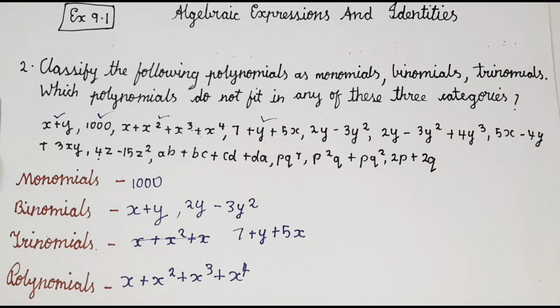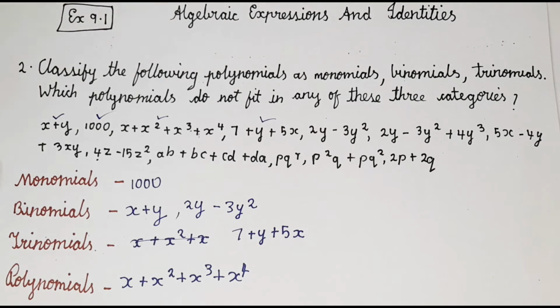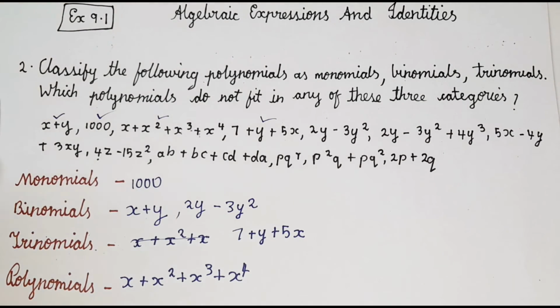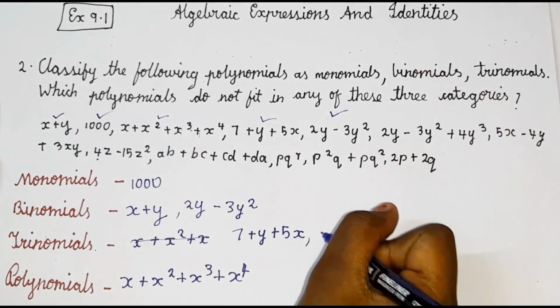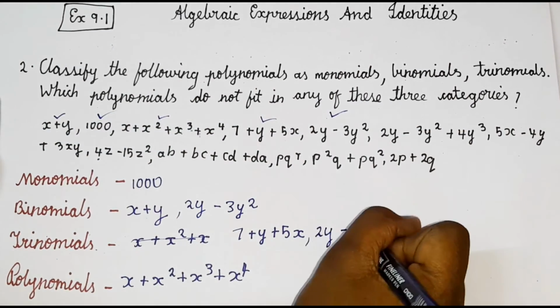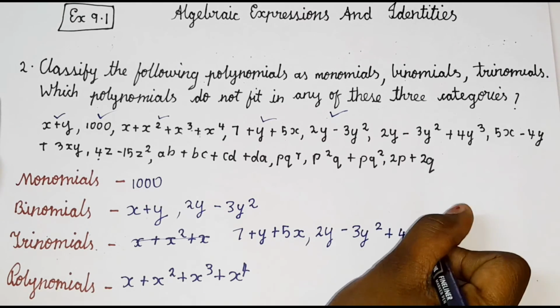Next we have 2y minus 3y square plus 4y cube. So here you guys can see we have three terms. How can we find it's three terms? Because it is split by the signs, okay? So three terms means trinomial. So let's write 2y minus 3y square plus 4y cube.